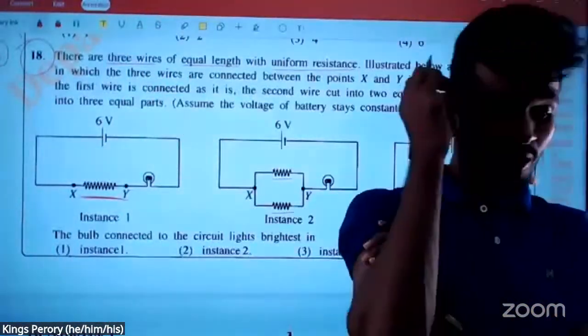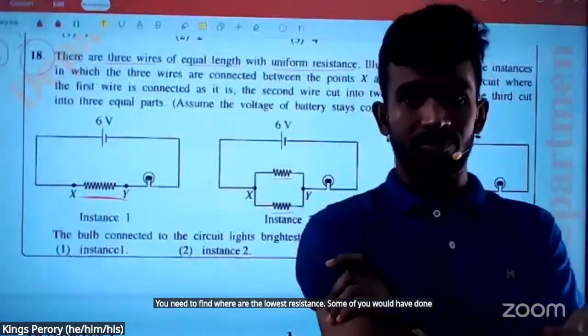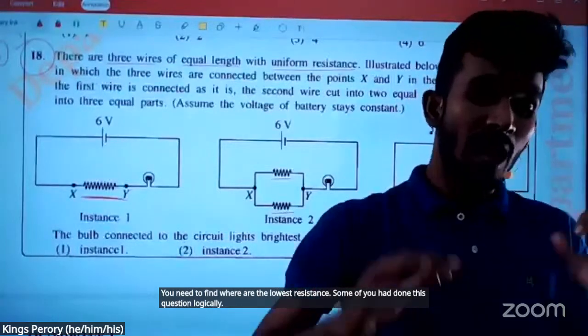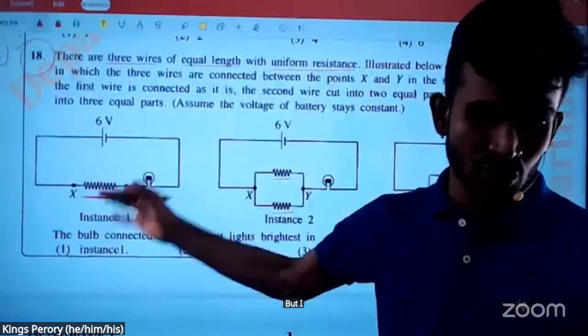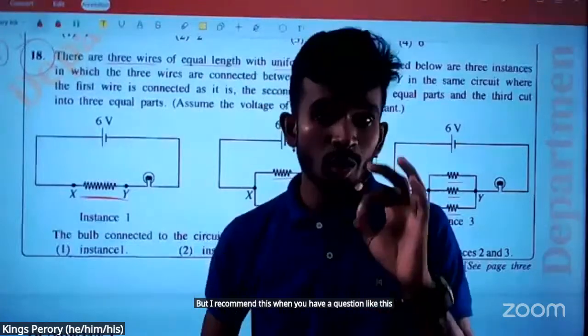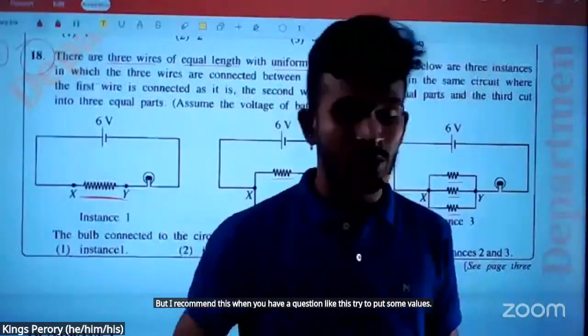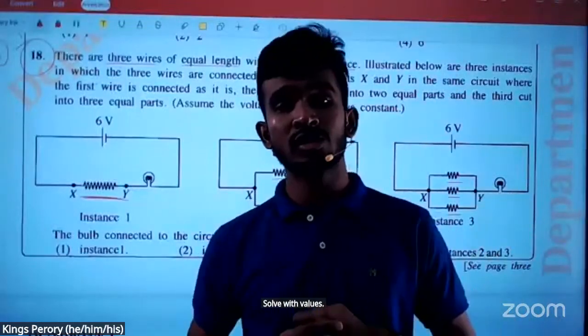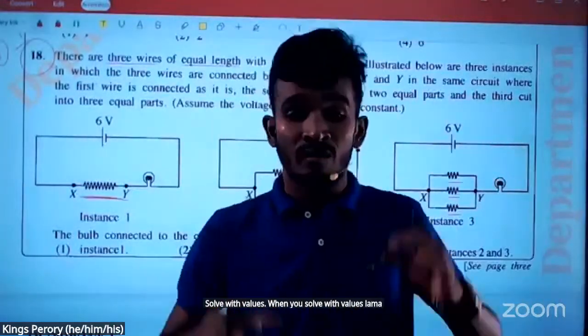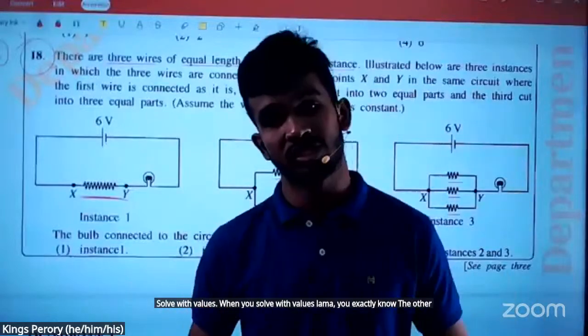Now some of you would have done this question logically. But I recommend that when you have a question like this, put in some values and solve with values. Then you exactly know where the resistance is lowest.